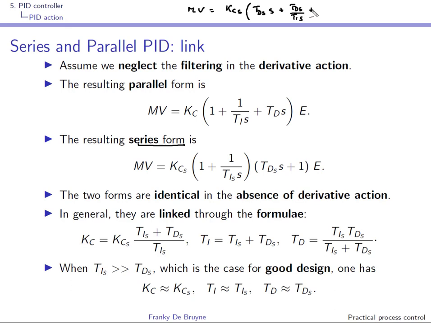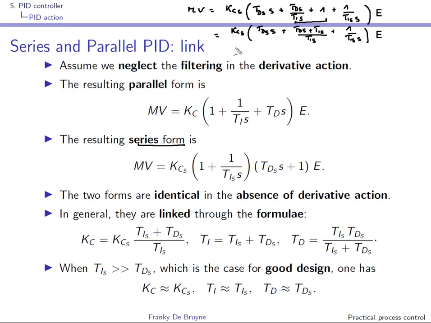We have a 1 over here, and then plus 1 over TIS times S). Okay, so we can put this under the same denominator, so we have KCS times (TDS times S plus TDS plus TIS over TIS plus 1 over TIS S).